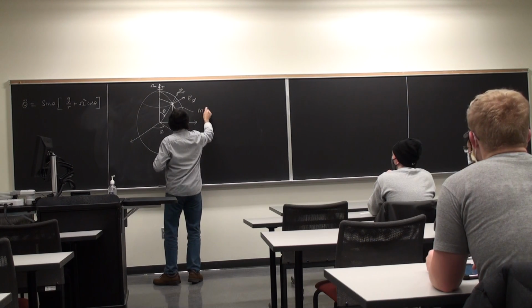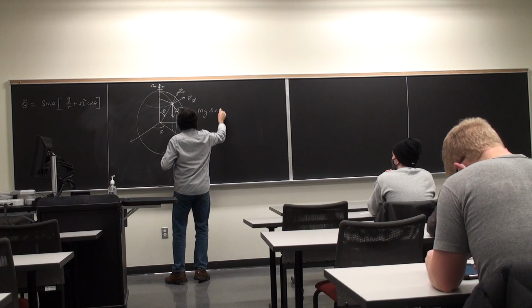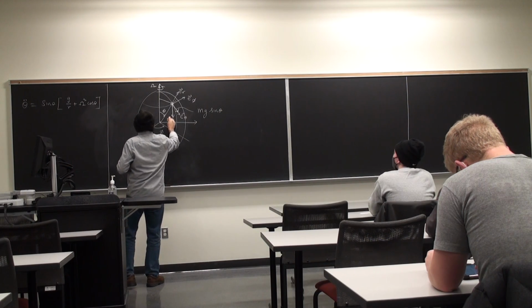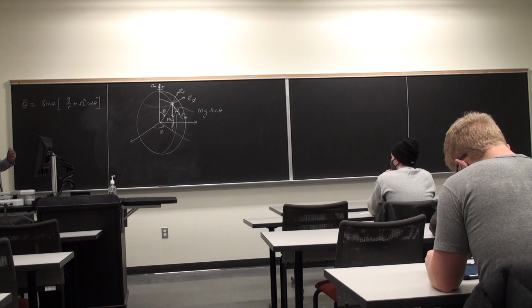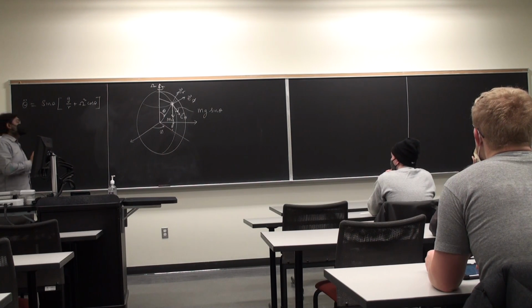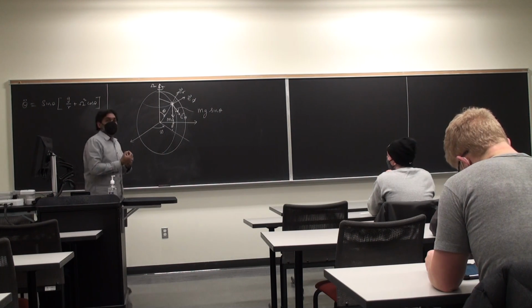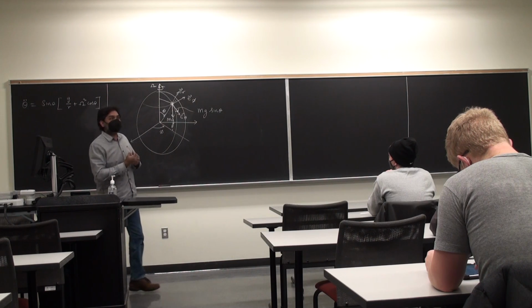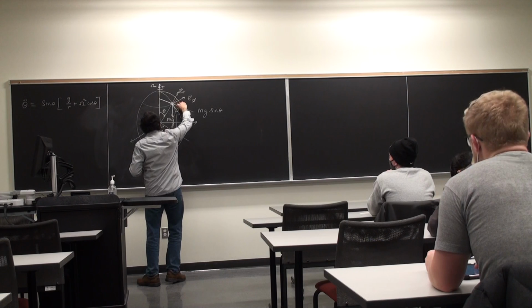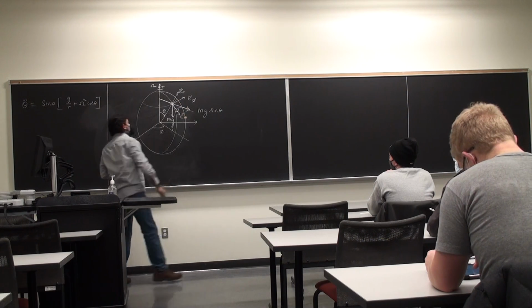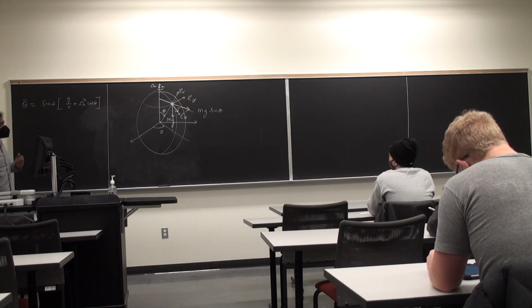The component along e_theta is going to be the following. So this is mg times sine theta. This was the force mg itself. And then we also had a component of the centrifugal force along the e_theta direction. So the centrifugal force is pointing away from the center, okay. And this we split into a component along e_r and e_theta.